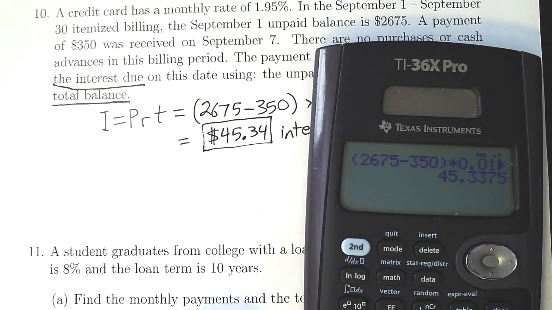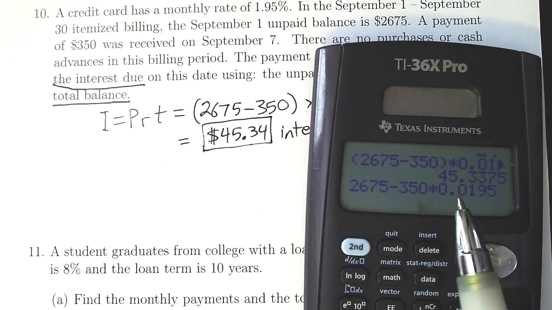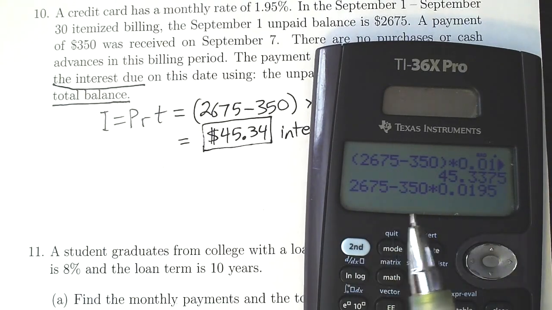The thing that I want to point out is that those parentheses are important. I usually don't like to show you the wrong thing, but I do want to show you what would happen if I didn't use the parentheses. I don't think I really need to type the times 1. The times 1 doesn't change anything. But you see, if I type the same thing without parentheses, it's going to give me a different answer.